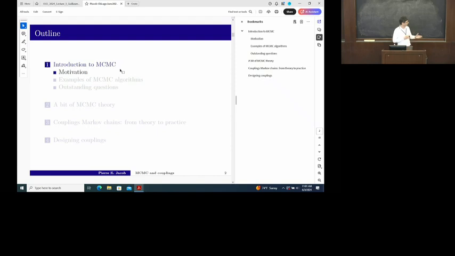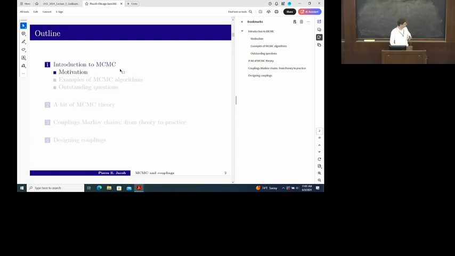But I'll talk about the fact that it's a class of algorithms that was mostly developed in physics, and it has many other applications in chemistry, in molecular dynamics in particular. So just focus on, I think, the ones that are more useful for econometrics. Today we'll talk about some of the outstanding questions, which hopefully we'll try to address in the next few days, in particular using so-called couplings.